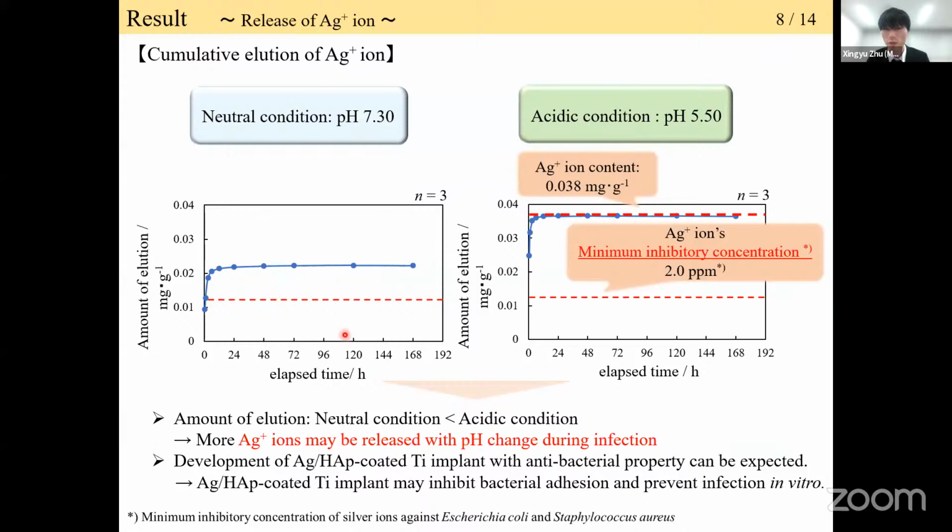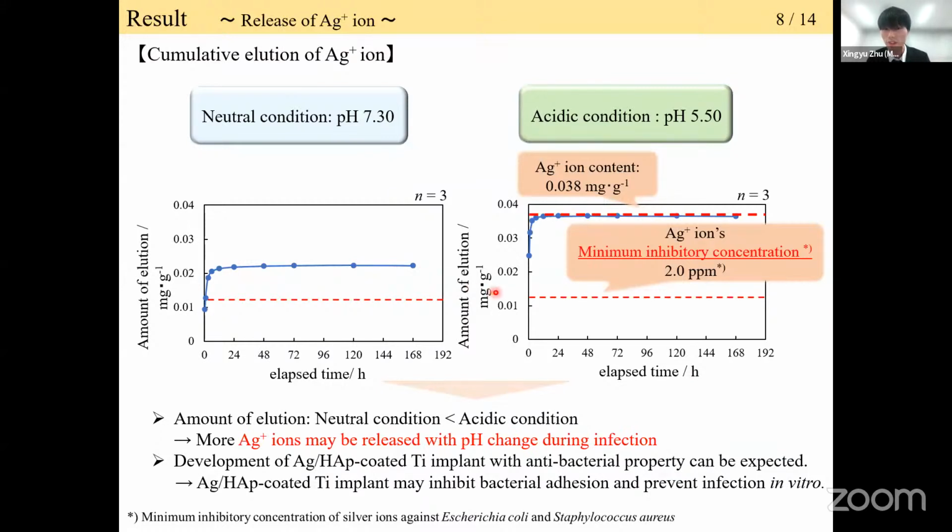If there is a steady condition in our mouth, the silver ions won't all be released from the titanium implant.